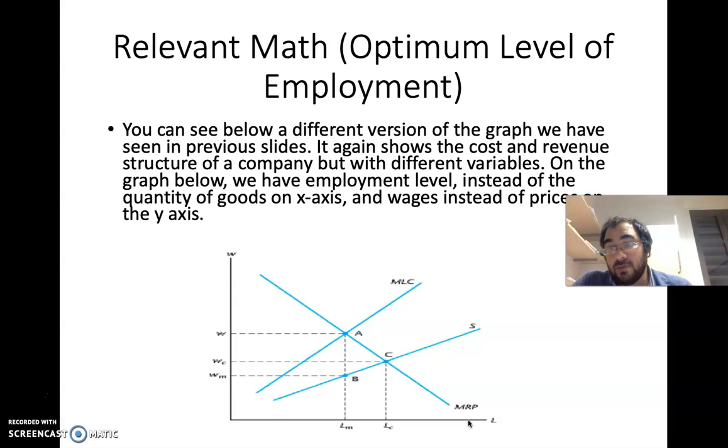So you had a competitive market, and for the competitive market, somehow the collective marginal revenue product is decreasing like this for all companies that are independent from each other. And for a single company, the wage doesn't change when they hire more workers.